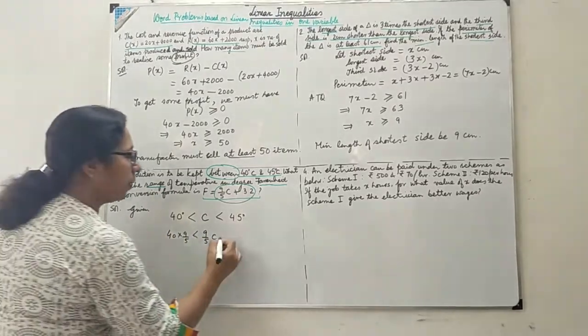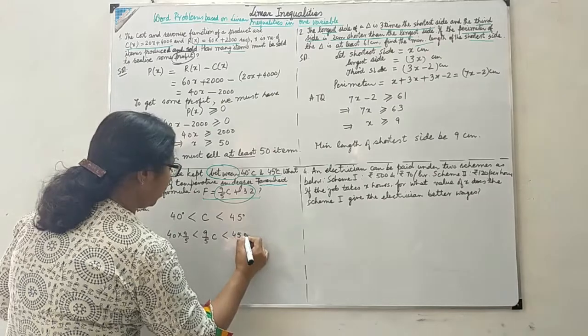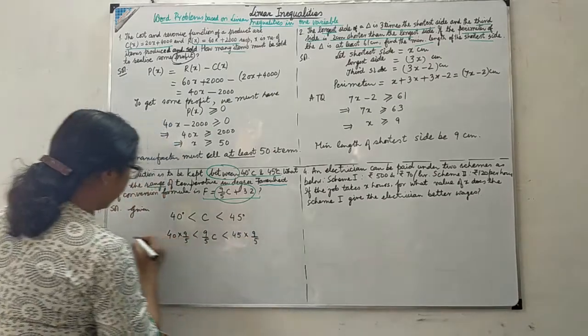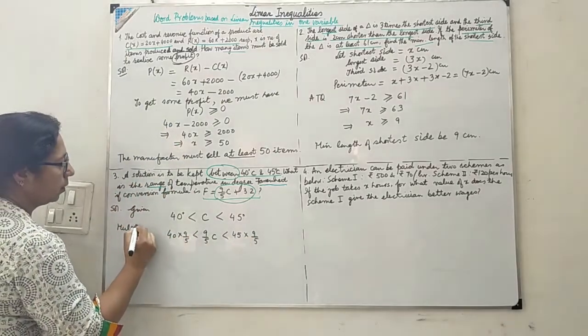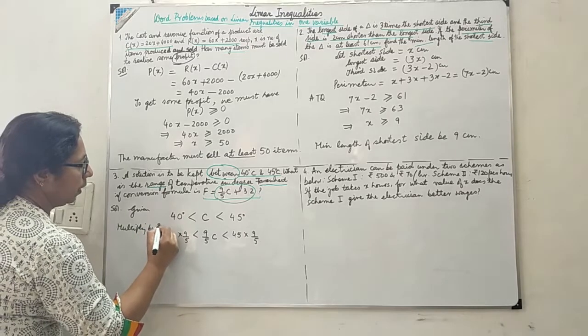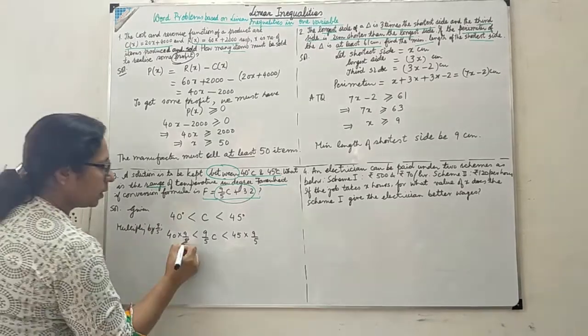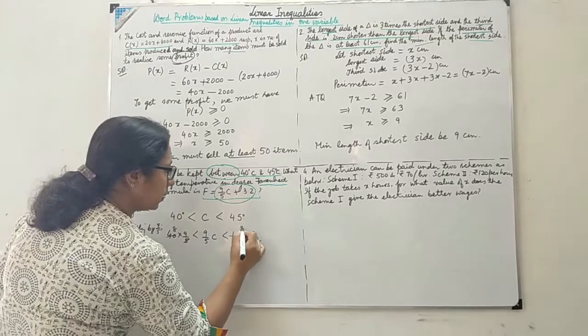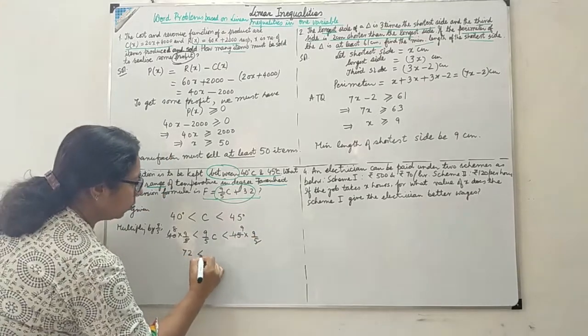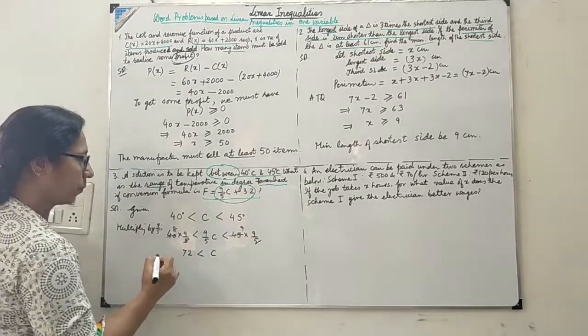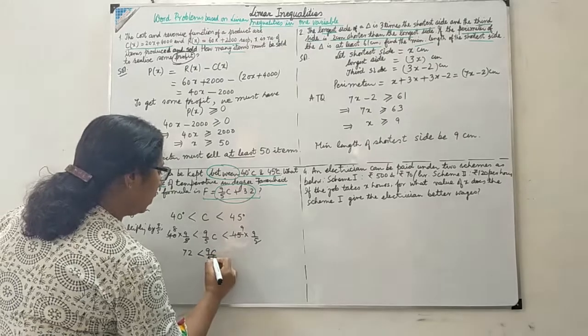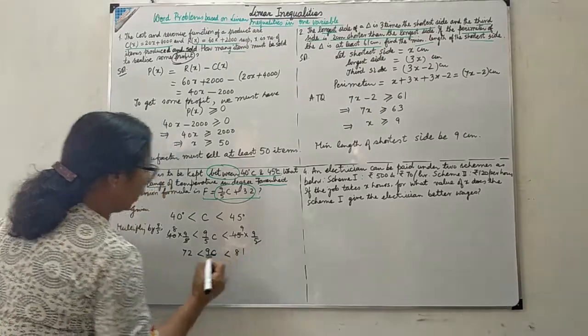Because it is a positive number, the signs of inequality will not be changed. I am multiplying by 9/5 throughout. This is 72 and this is 9/5 C less than 81.